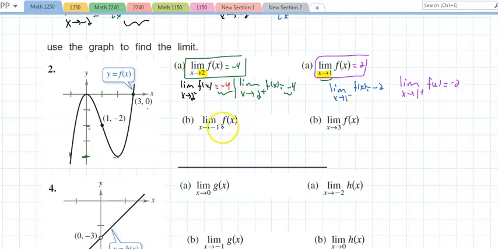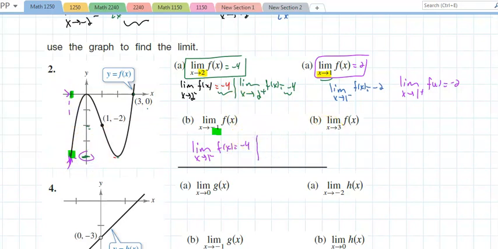How about x approaches negative 1? Negative 1 is right there. It's that value. If I take the limit as x approaches negative 1 from the left, to the left of negative 1, corresponding to this part, y is leveling off next to negative 4, it seems.